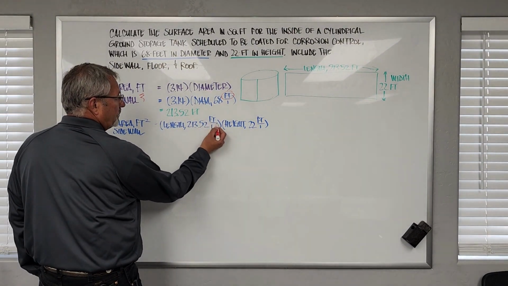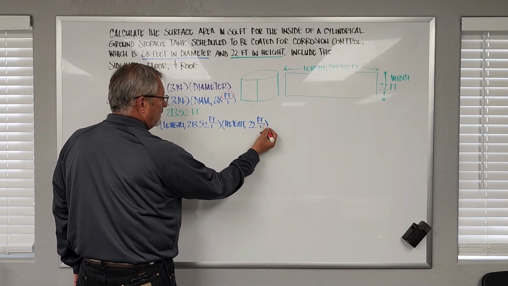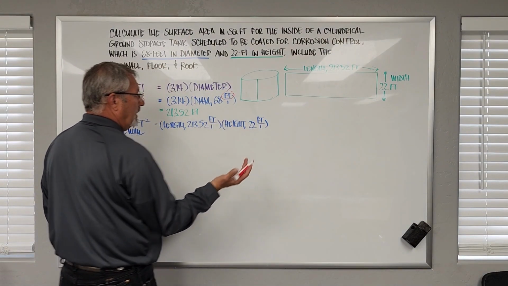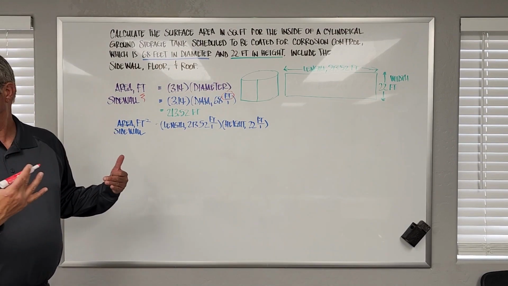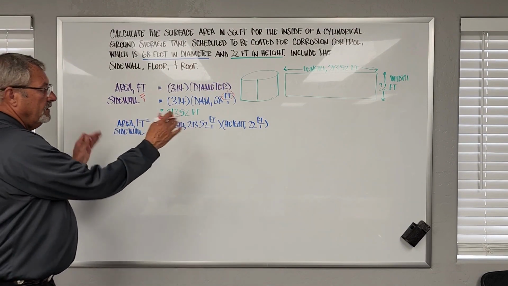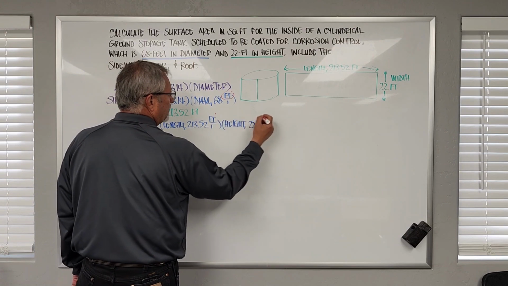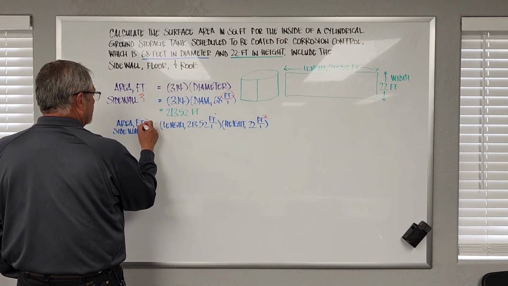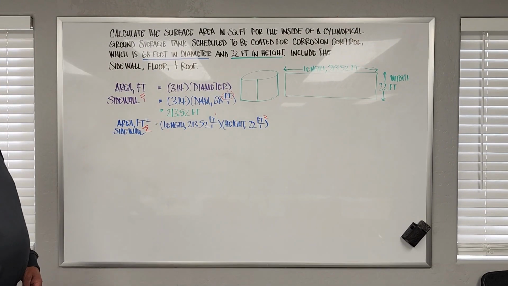I have feet over the division line here, feet over the division line here. Well, I can't cancel those. They're both over the division line. So now I gotta count them. Because I'm multiplying, I've gotta say, this is 1, this is 2, which is the unit of measure I'm looking for.